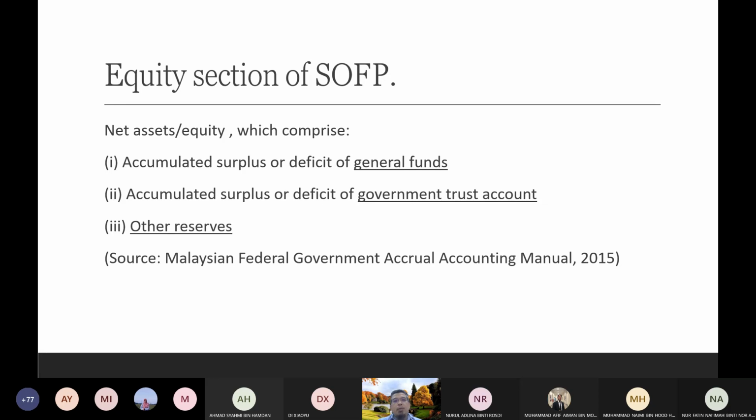When you look at the equity items like the accumulated surplus or deficit of general funds and trust accounts, you can see whether the public money is still available for the government to use.